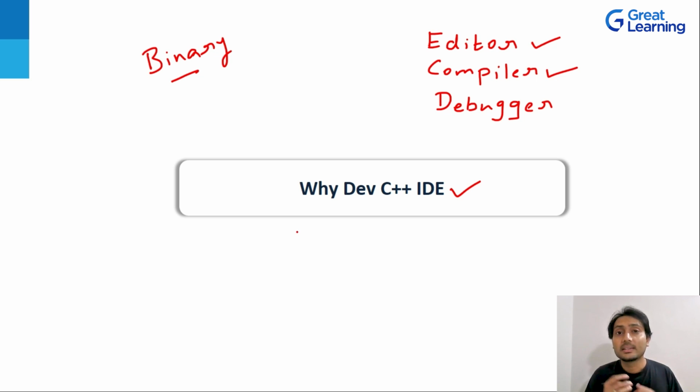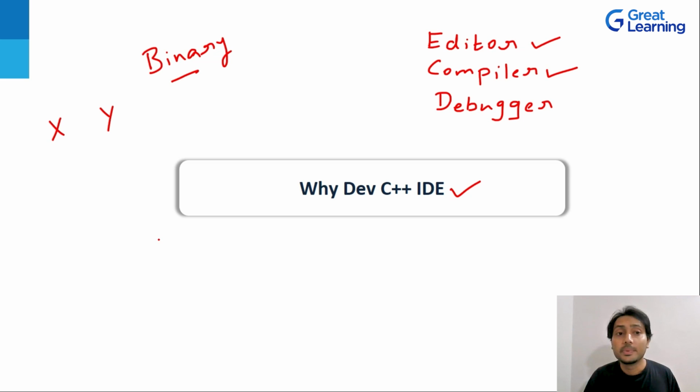So what is this compiler? Say for example, you have two people, X and Y. Person X understands only English, and person Y understands only Chinese. So how do they communicate with each other?